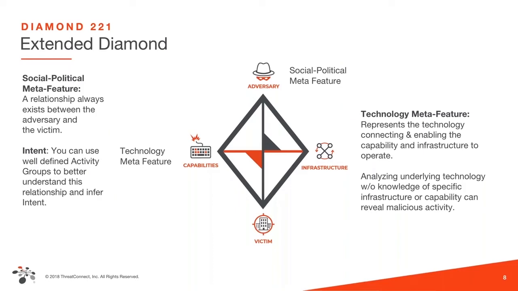Okay, so the extended diamond. This is really looking at taking an activity group by itself, if it is loosely or even strictly defined as an intrusion set, and looking at the axes within the diamond.